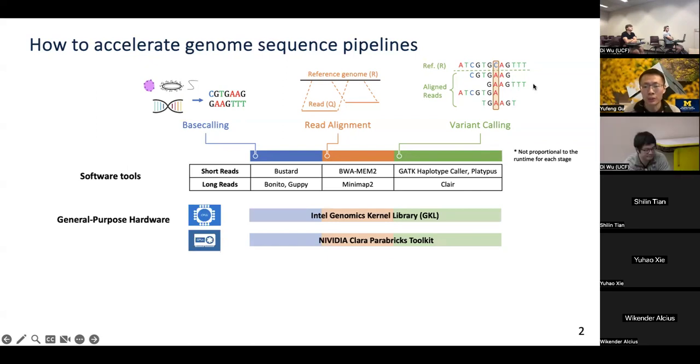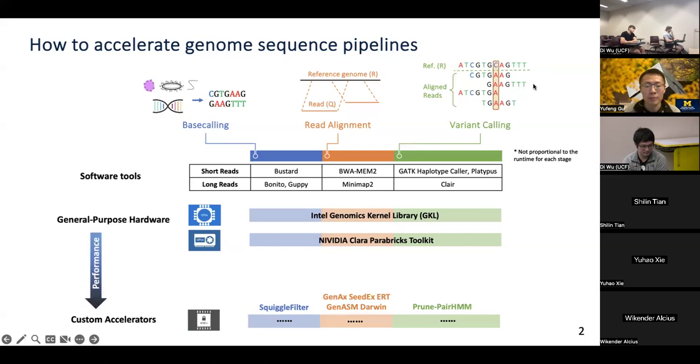On general purpose hardware, there are comprehensive libraries to accelerate these different software tools. Intel provides a library to utilize their SIMD instructions to accelerate these different steps, and NVIDIA also has toolkits to best utilize their GPU hardware to accelerate these algorithms.